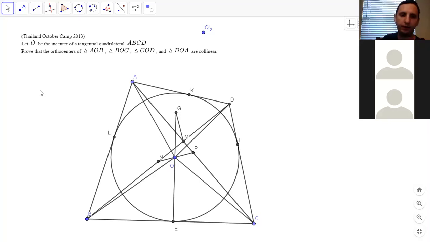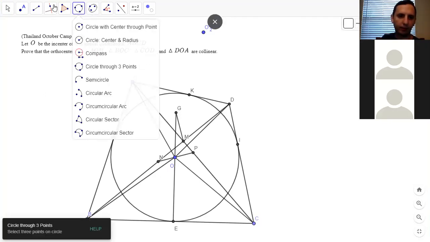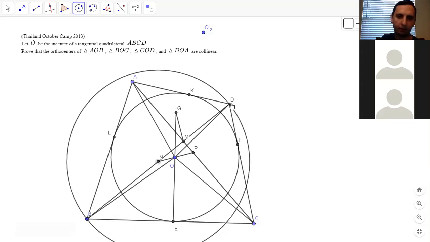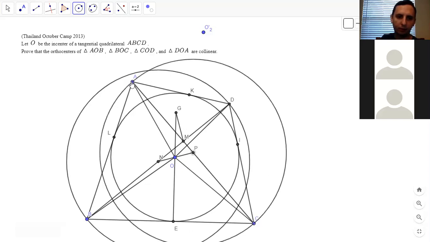I don't know if this makes things any easier, but we could draw the circle with center N passing through D, B and D, and then we could draw this circle. And we want to show that MG is parallel to their radical axis.